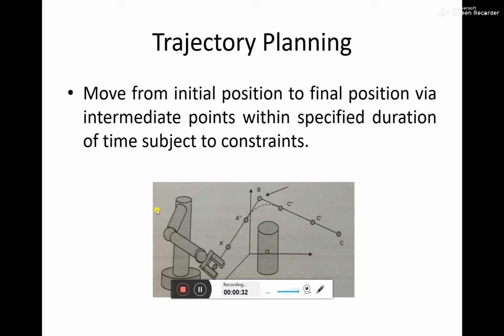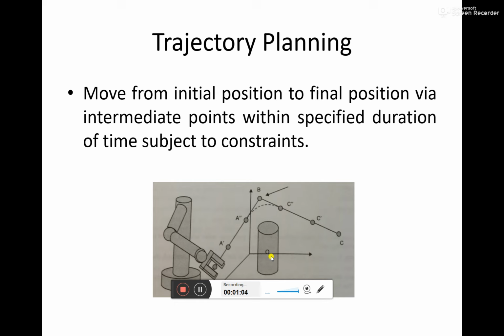For example, it may be a material handling robot or a manufacturing processing robot. Whether it is a manufacturing processing robot or a material handling robot, the robot has to perform different movements.